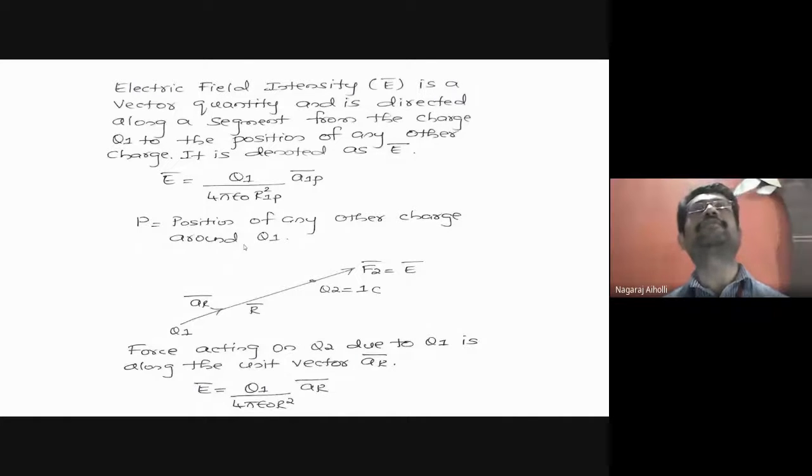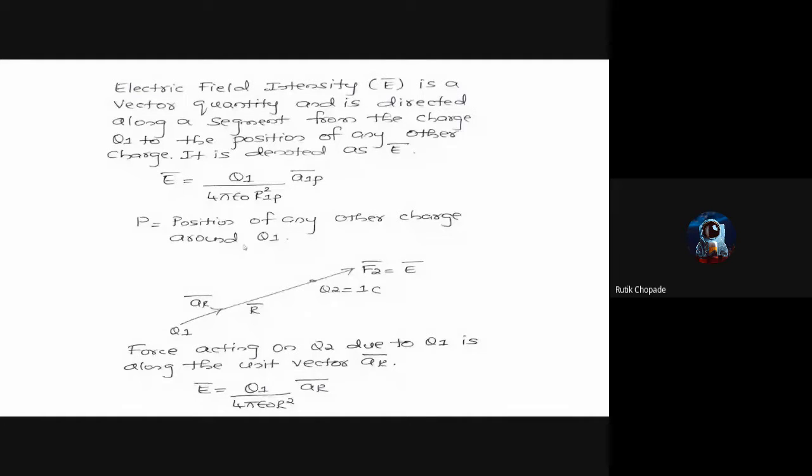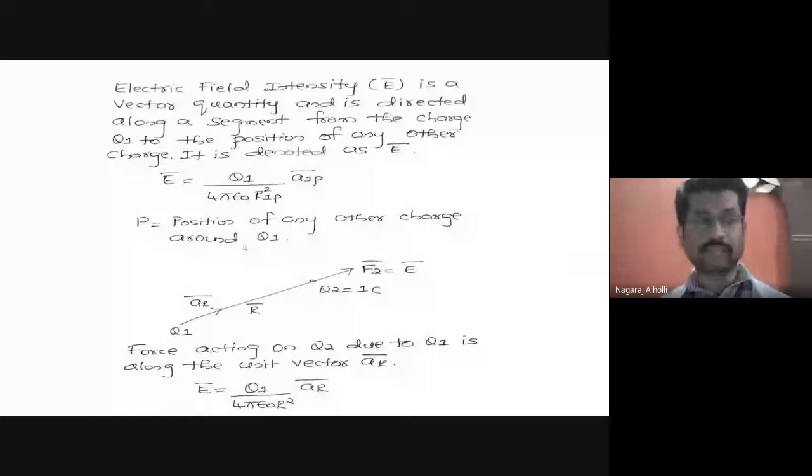Newton meter means it will be only work done. What about the charge? Charge will come in the numerator or in the denominator? Newton per coulomb, sir. Newton meter per coulomb. Okay, not only Newton per coulomb, it is Newton meter per coulomb.